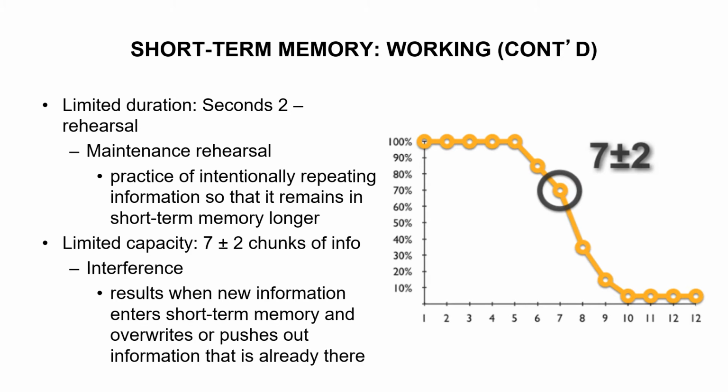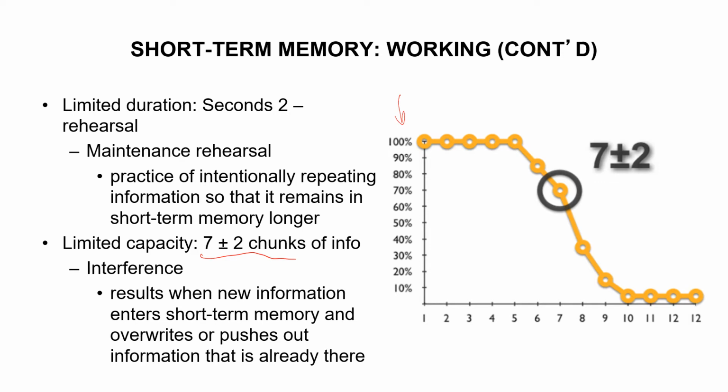Then we've got limited capacity, and I really like this: 7 plus or minus 2 chunks of information. You can see that on the right here. On this chart, these percents are the percent of people that can remember that many chunks of information.